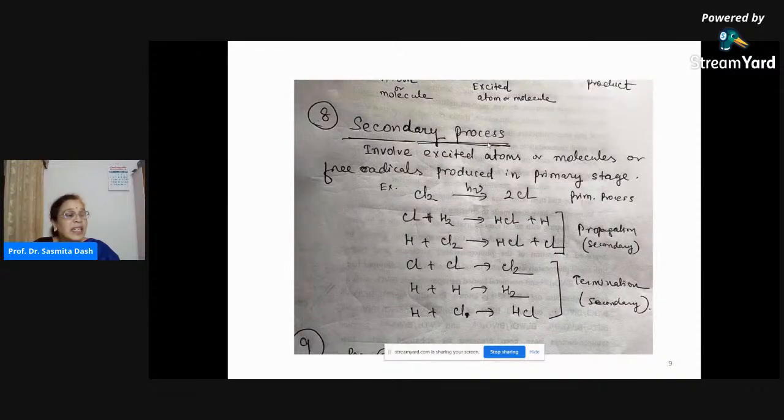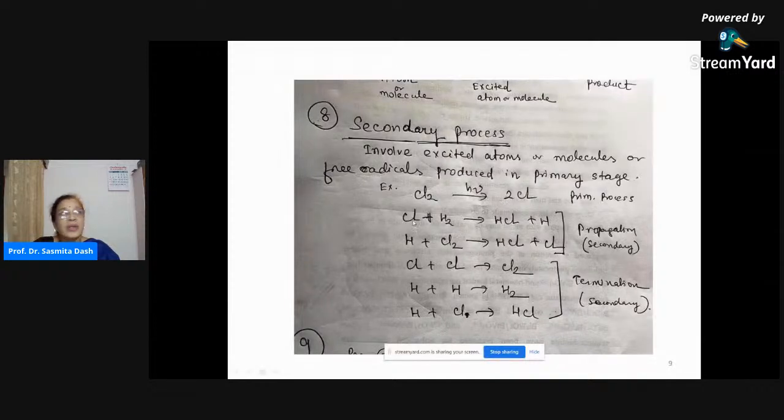Light absorption is the immediate consequence of the primary process. As we see, we have a chlorine molecule which takes up a quantum of energy to form 2 atomic chlorines, which is the primary process. Now we have produced 2 atomic chlorines, which will enter into the secondary process. Let us see how it goes.